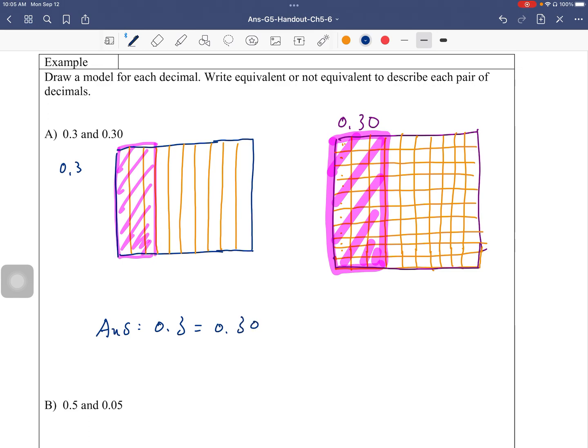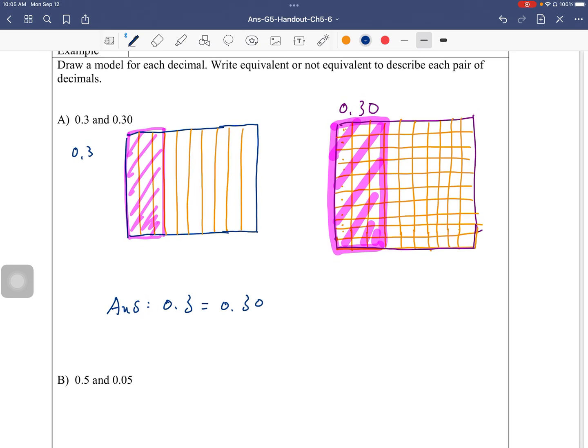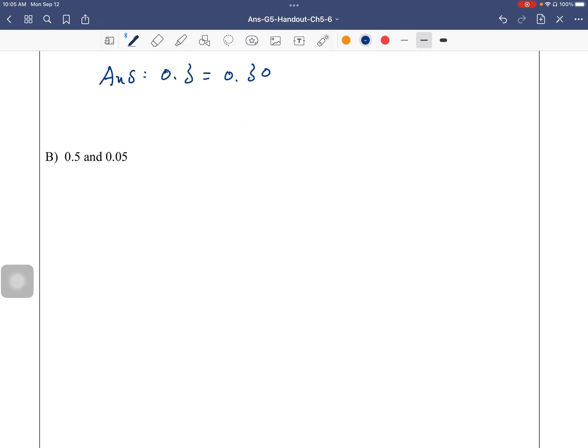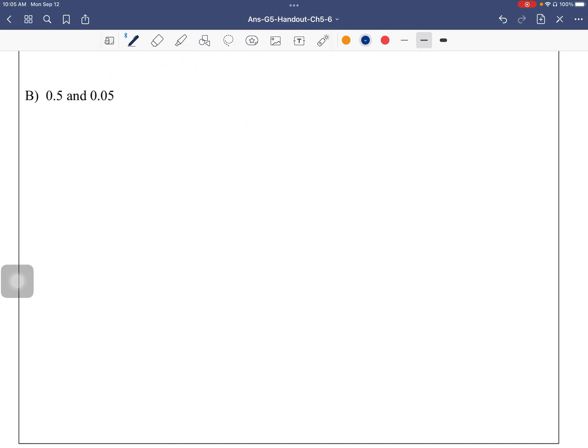And basically following the rules, equivalent decimals happen when I add zeros to the right side. Okay, so I want to draw a tile for 0.5 and 0.05.